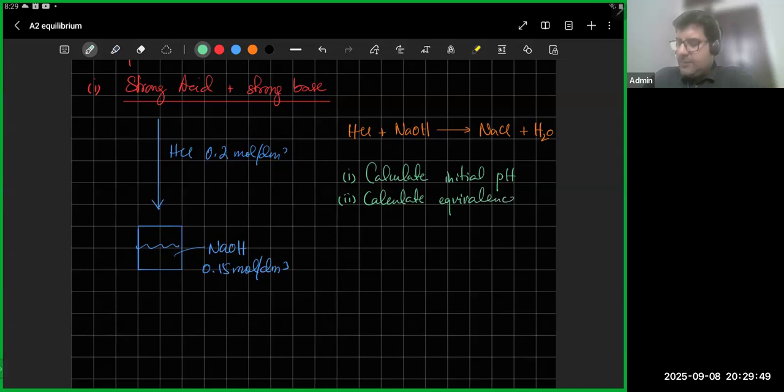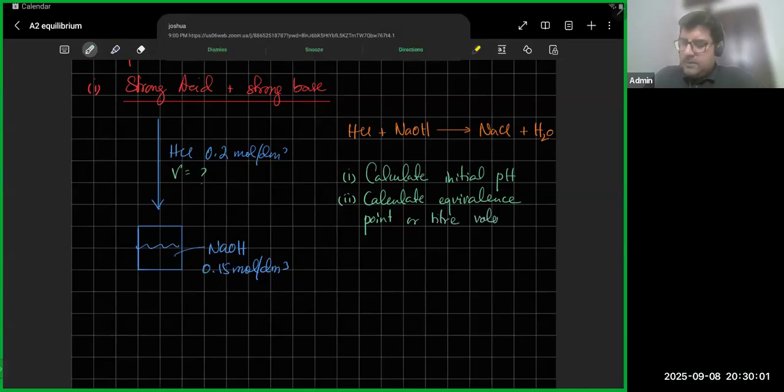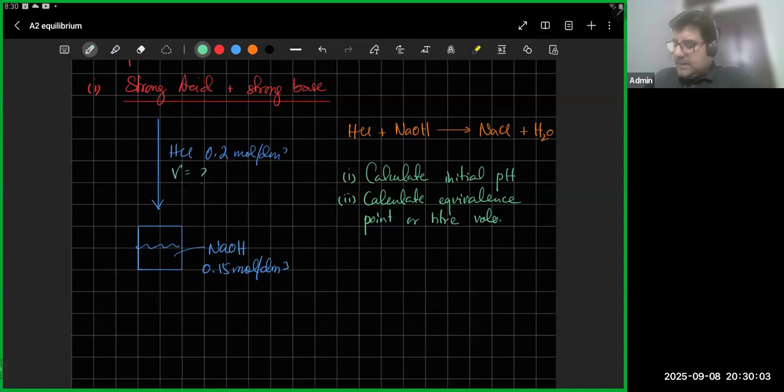That is basically the volume of HCl that needs to be added, or you can say the titre volume needed at the end point.